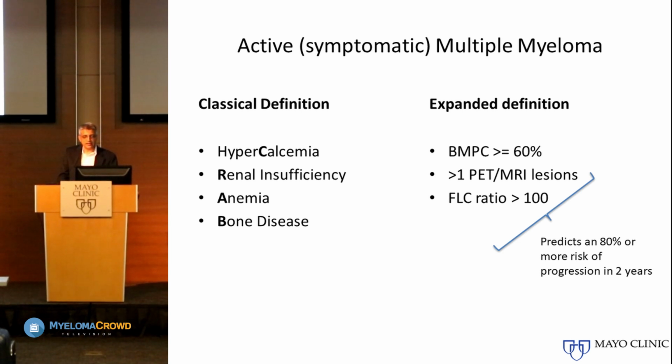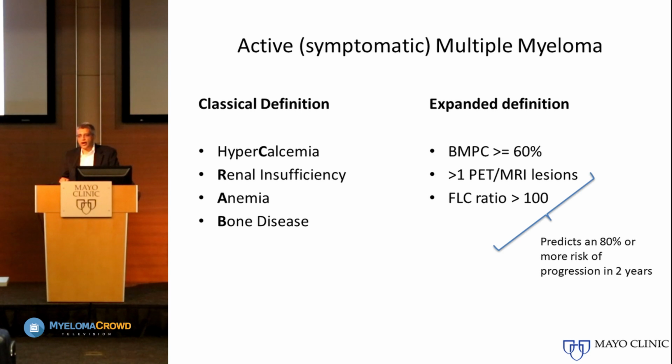But what has changed in the recent past, with the new diagnostic criteria, is that we don't always have to wait for some of these bad things to happen. If there are things that tell us a particular person has a very high likelihood of these things happening, then we don't necessarily need to wait for the other shoe to drop, so to speak, before we start the treatment. So what are these markers?